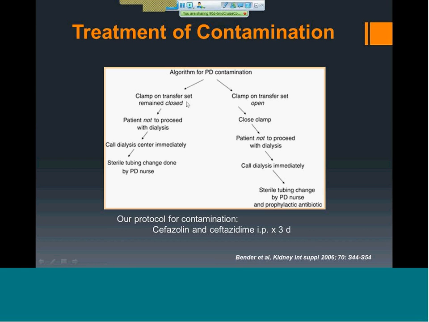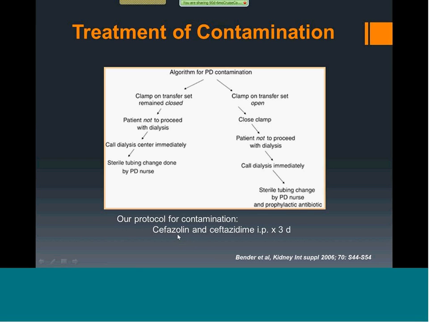If the clamp on the transfer set remained closed, the patient should not proceed with dialysis. They call the dialysis center immediately and should start PD again only after the transfer set is changed by the PD nurse. If the clamp on the transfer set was open, the patient should close the clamp, not do PD, and call the dialysis unit immediately, and will get a new transfer set and prophylactic antibiotic.